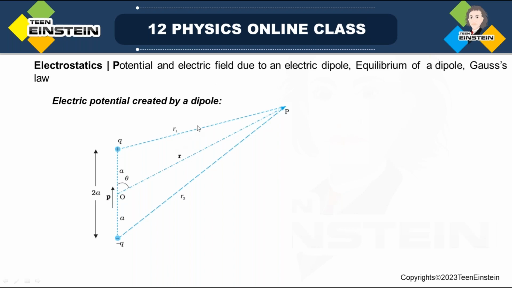Today we'll see the field, how the field varies with distance, etc. And today we'll take up one more thing, that is equilibrium of a dipole, and then we'll start a little bit about Gauss's law. Okay, so let us start our discussions for today.